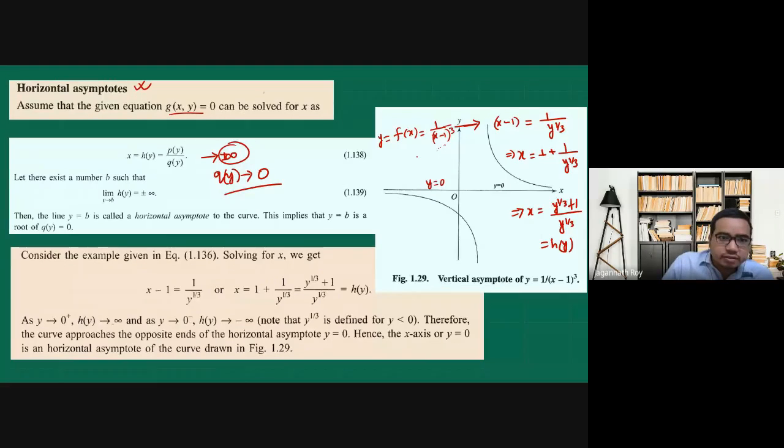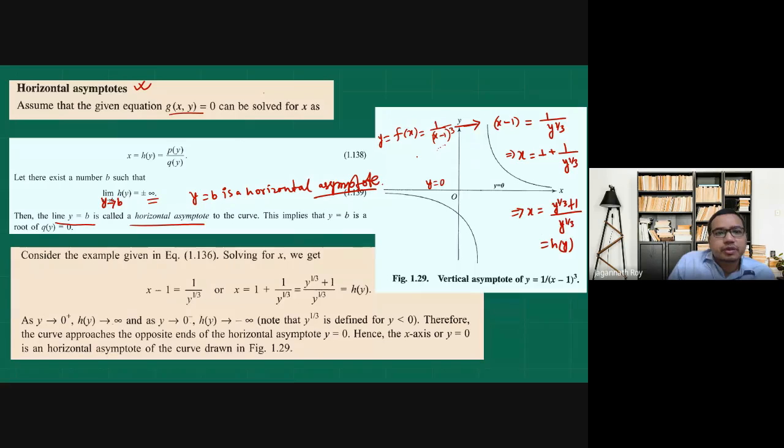We have to note that if we take the limit y tends to b and h of y goes to plus or minus infinity, then y equals b is a horizontal asymptote. Then the line is called a horizontal asymptote.